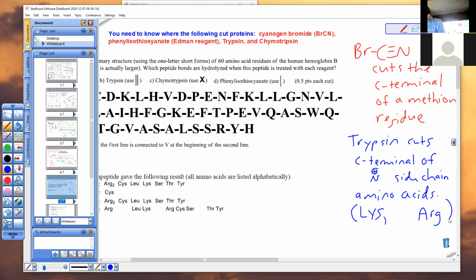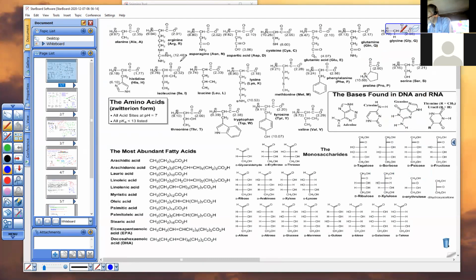We need the short forms. Lys and Arg from page 1. Where are you, Lys and Arg? Arg, R. And Lys, you'd think L, right? No, it's K. L was taken already by leucine. So Arg is R because A was taken by alanine. R and K. Remember that.